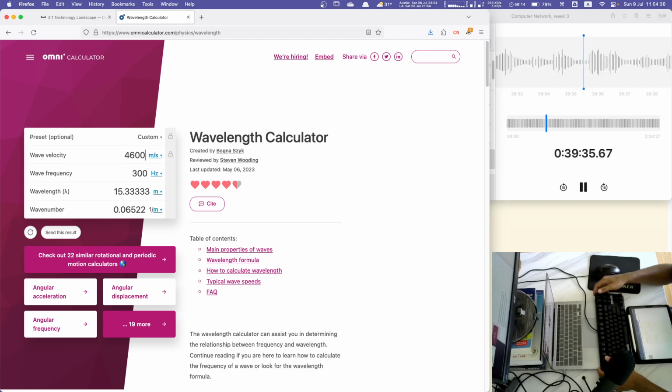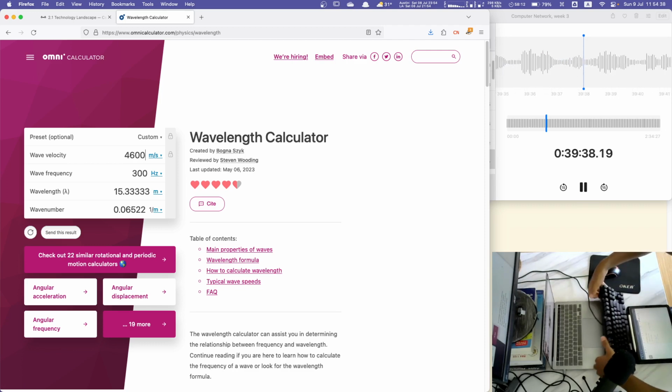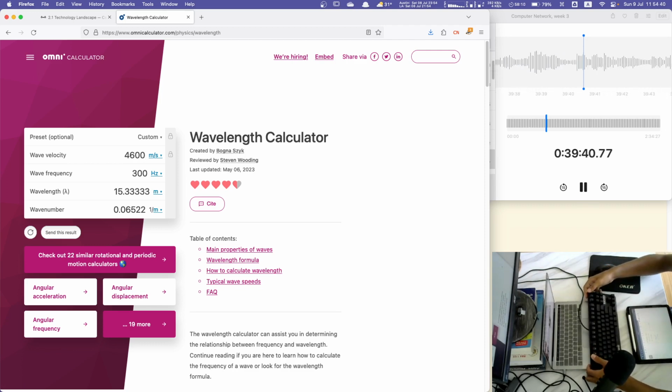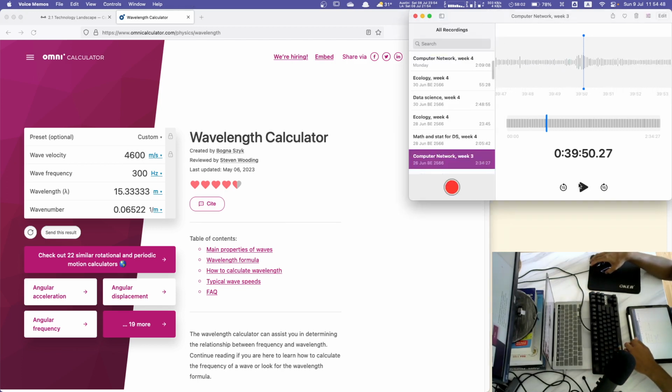Then the question: what is lambda? Lambda is the indication of wavelength. I use the simple symbol lambda.